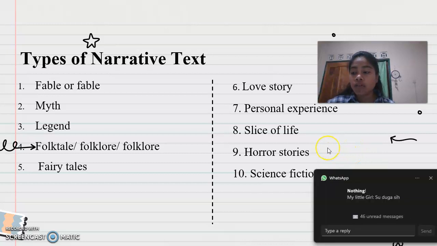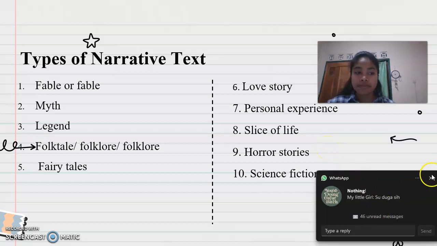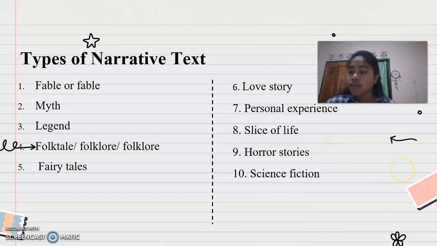Next, slice of life is a story that contains activities or stories that occur in the daily life of writers or imaginative characters. For example, true friends. Next, horror stories.